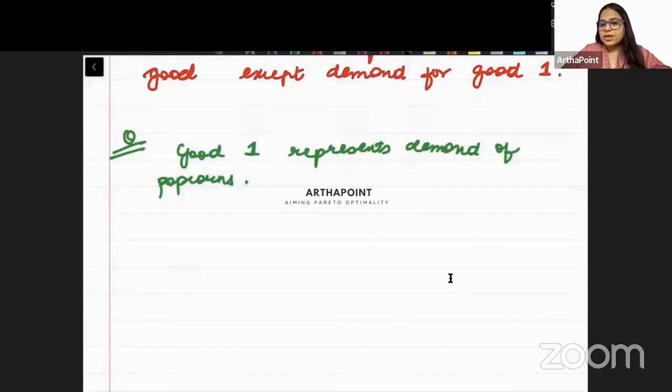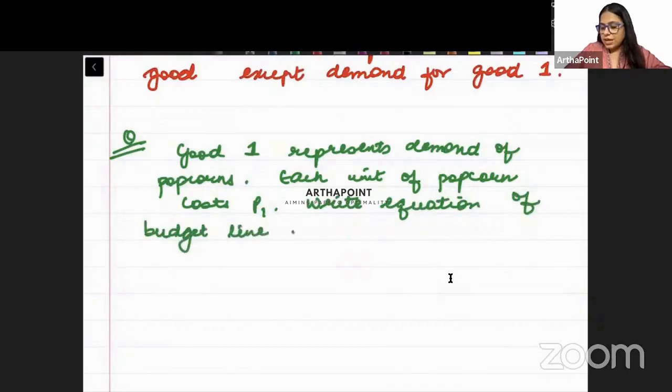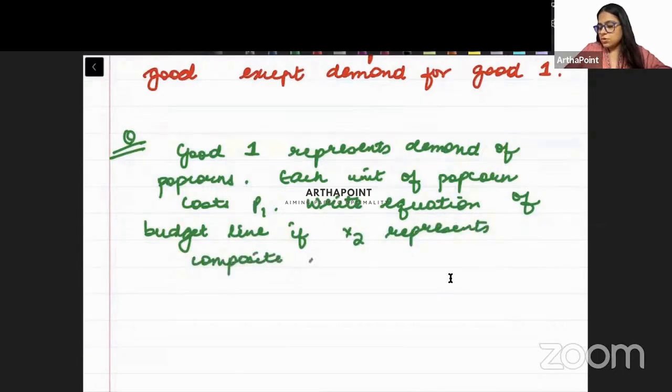And I am telling you that each unit of popcorn costs P1. Write equation of budget line, beta, if X2 represents composite good. If X2 represents composite good.